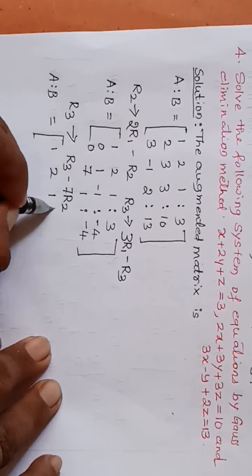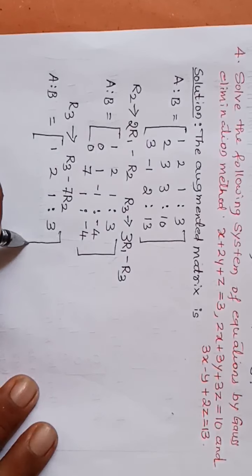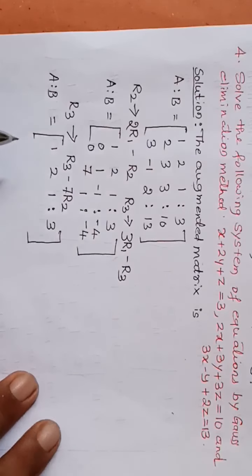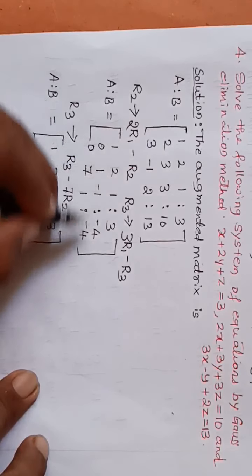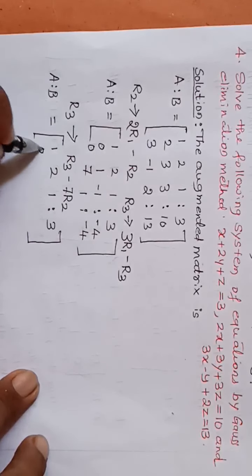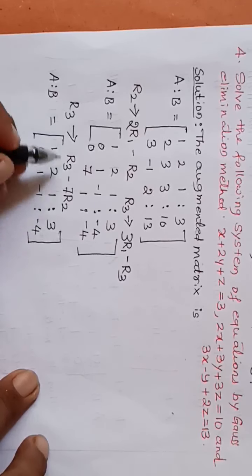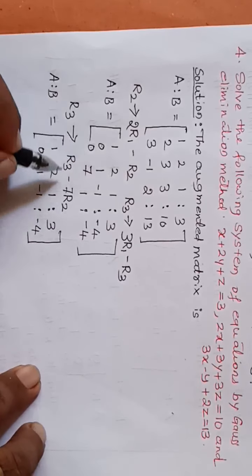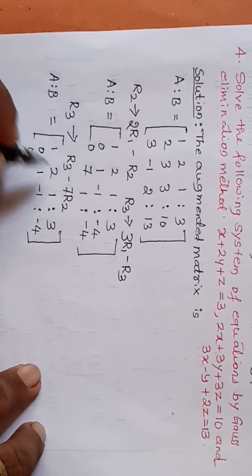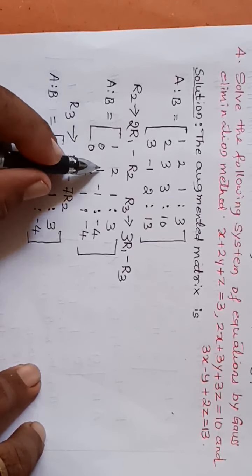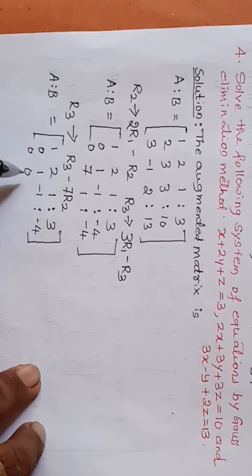the first row as it is. Row 2 is also as it is: 0, 1, minus 1, because we are operating only R3. R3 is R3 minus 7R2. 0 minus 0 into 7 is 0, 0 minus 0 is 0, 7 minus 7 into 1 is again 0.